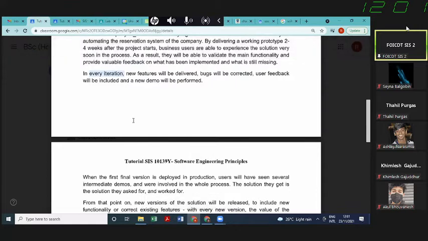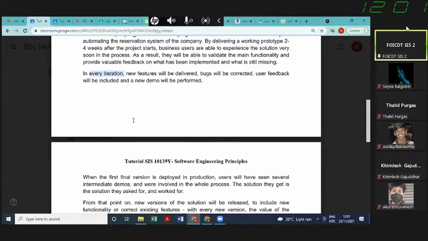But the only negative part, why agile perhaps is not really the software process model we're talking about, is that we lack the keywords. For example, in agile, the word story is characteristic.